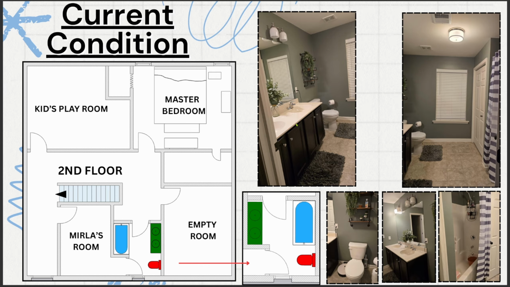We shouldn't see the toilet seat. That's why I switched the location of these two, because we're gonna have here on top of the bathtub a half wall of glass, and we're gonna be able to cover the toilet seat. You will see it later.